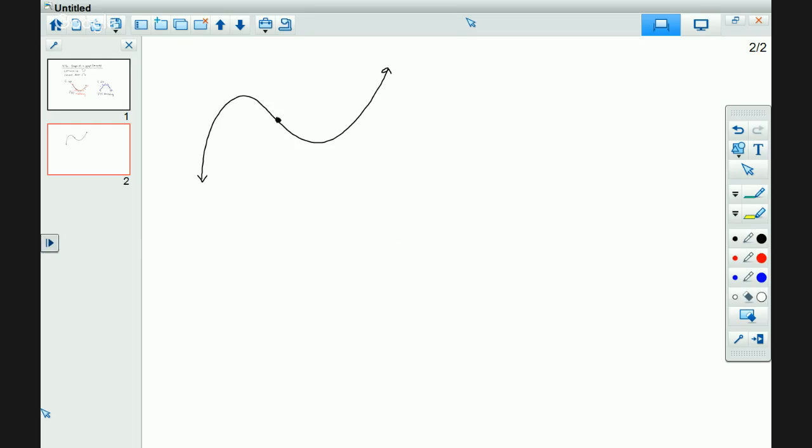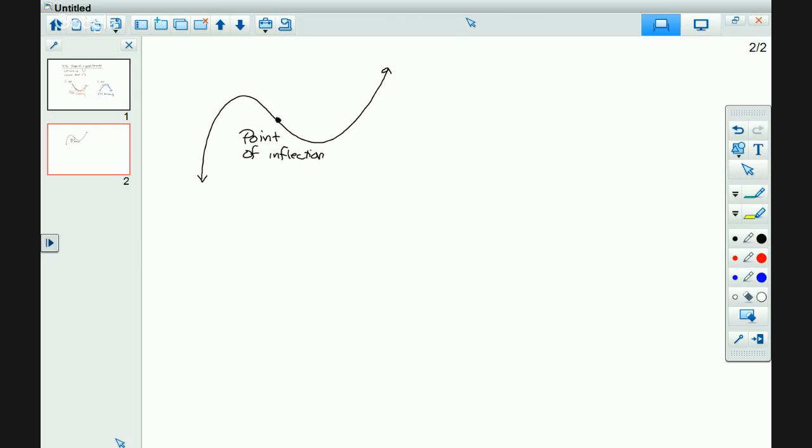That's called a point of inflection. Yes, we got it. It was in that packet.